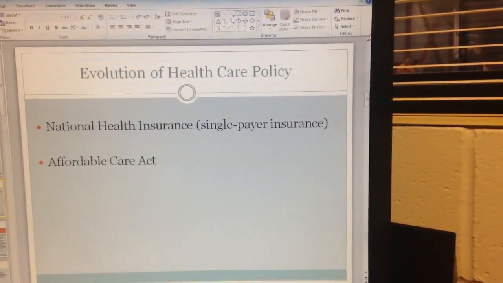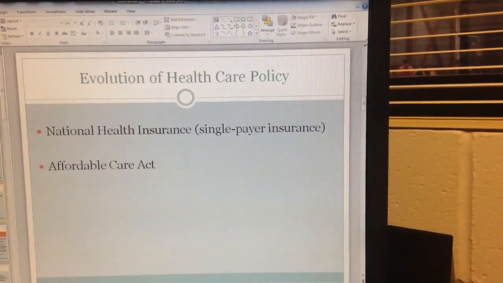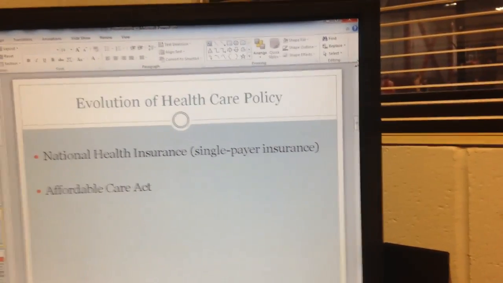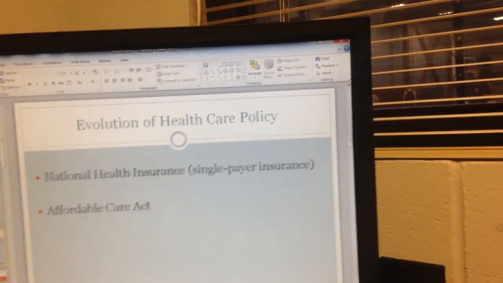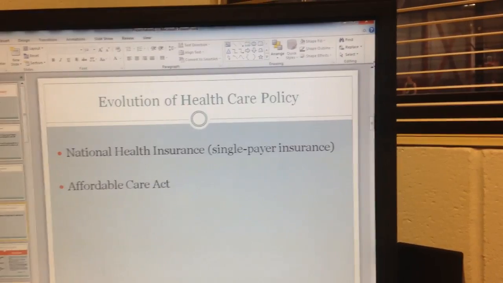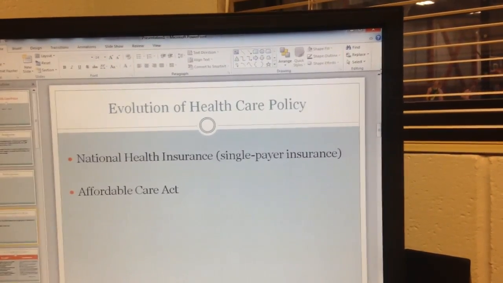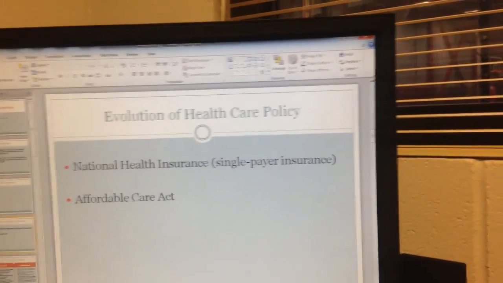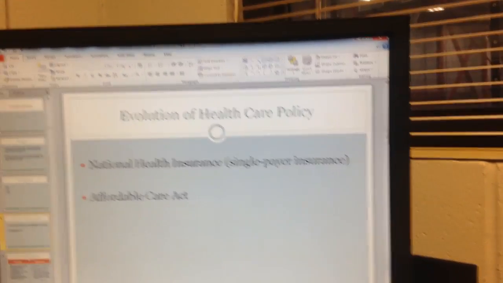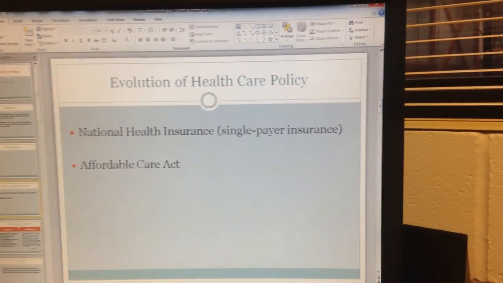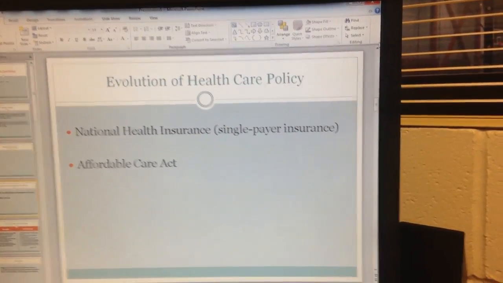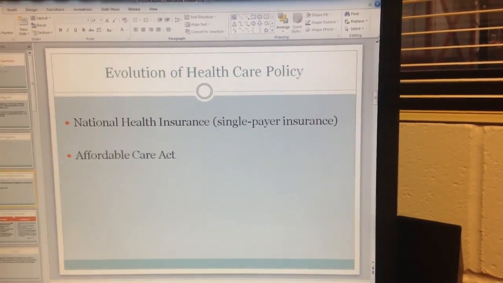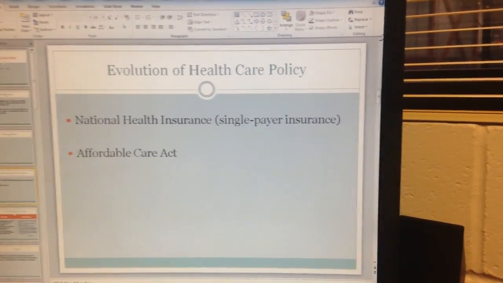And then most recently, we have the Affordable Care Act, which is highly controversial and complex. But what it does is expand Medicaid and children's health insurance programs, mandating that everyone has health insurance. It subsidizes the cost of insurance for low to moderate income families. It offers tax credits to encourage business people to provide health insurance.